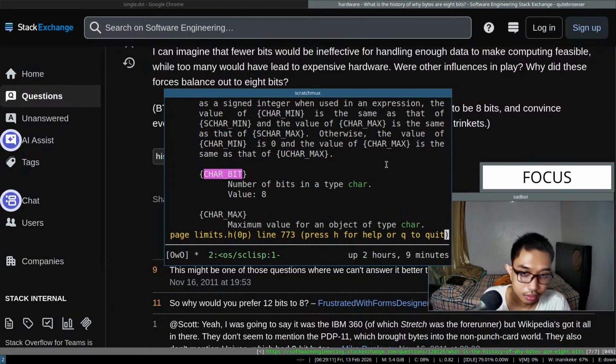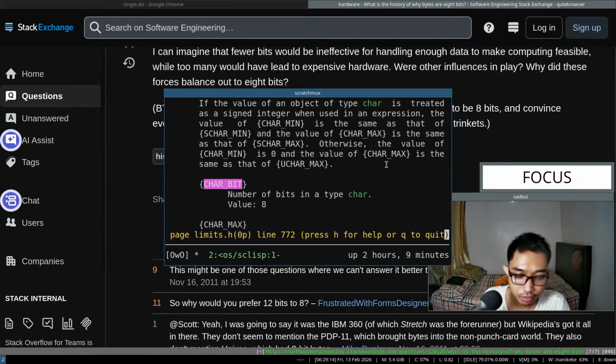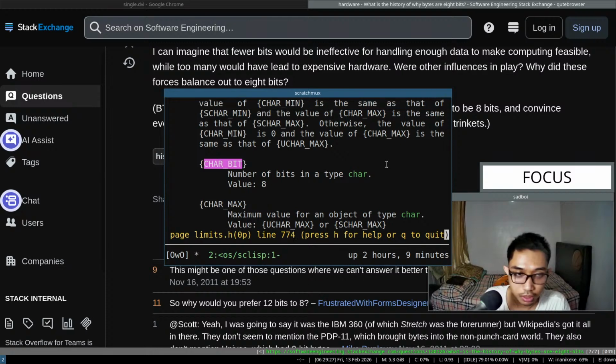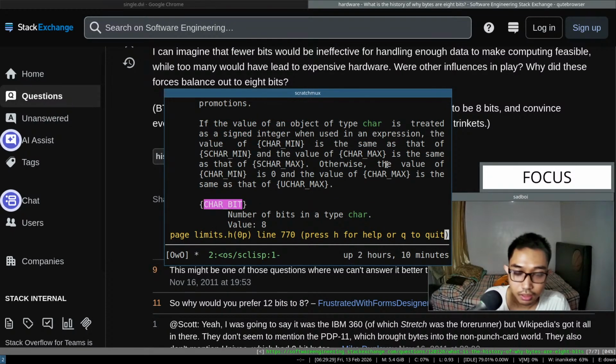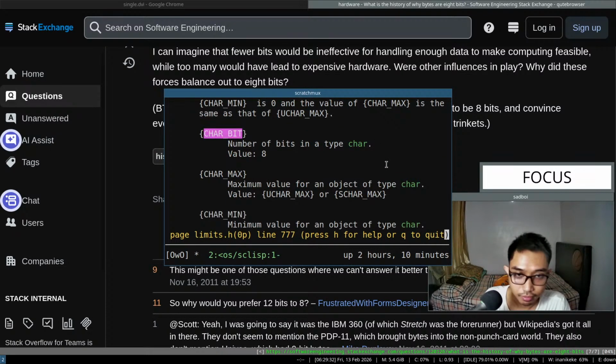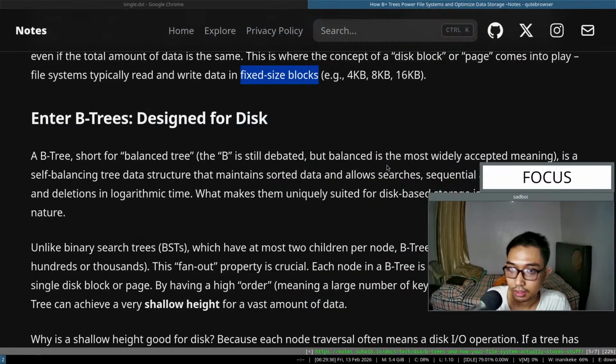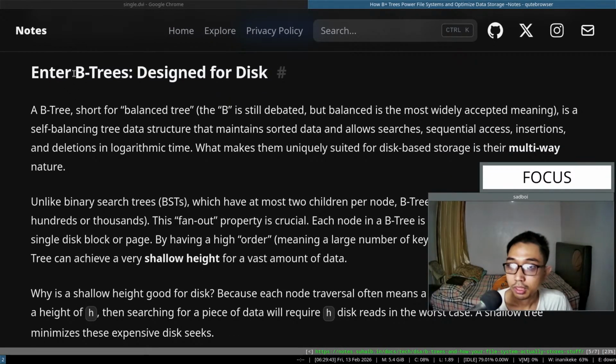So we can take a look at CHAR_BIT to make sure how many bits we have for 1 byte, because char in C is 1 byte, if I remember correctly. Okay, let's continue this.